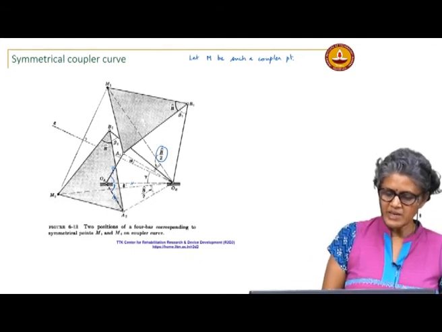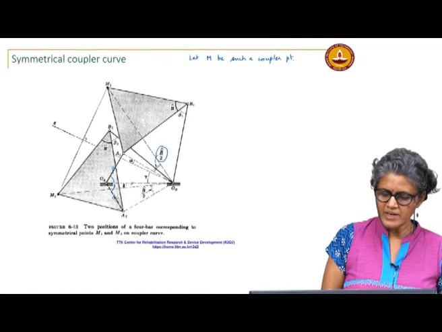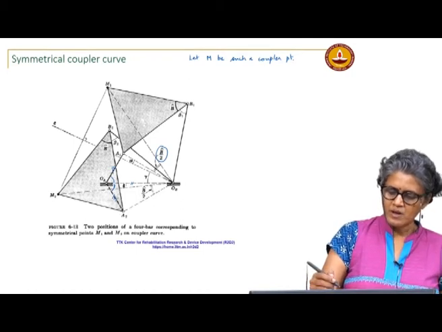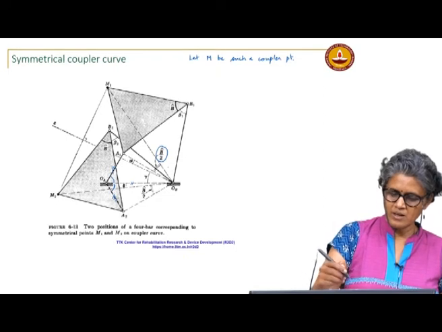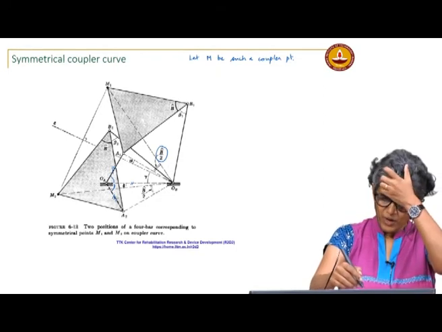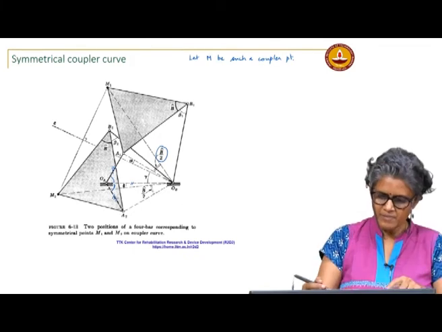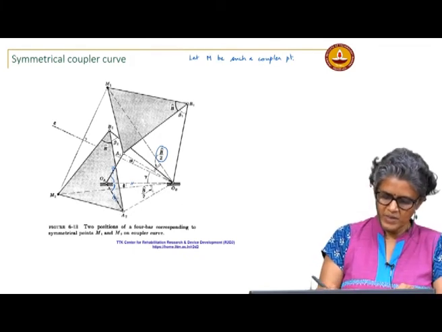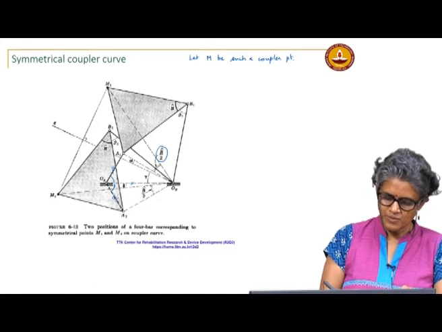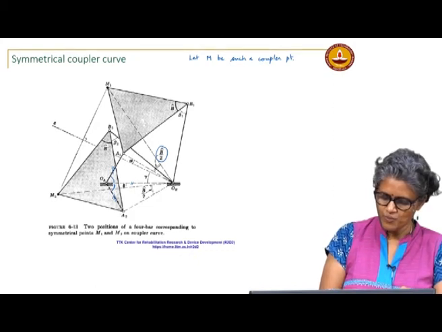Now, let me take triangles O_B A1 M1 and O_B A2 M2.